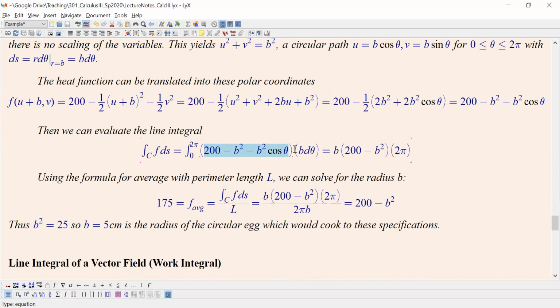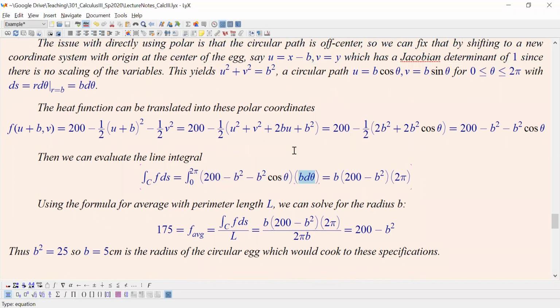But how do we get this b d theta a little bit quicker? Well, if we swing it back up, notice that we never parameterized in terms of a position vector r of t. We just said we're traveling around a circle, radius b, using a new x and a new y term for theta going from 0 to 2 pi.